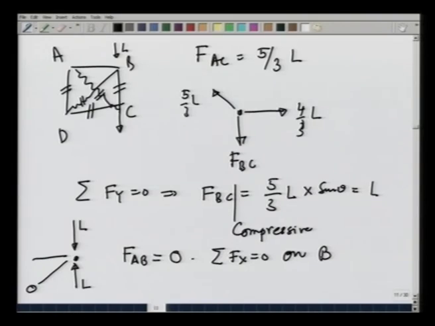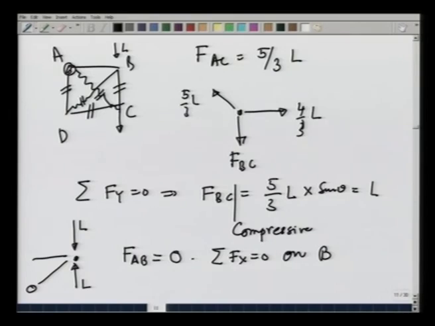So, now we have found all forces, and let us see again by checking at point A whether all the forces are consistent.